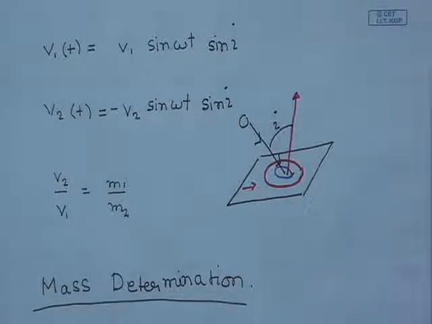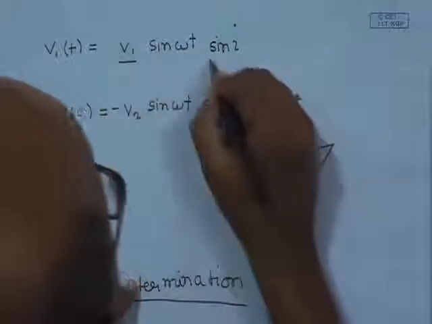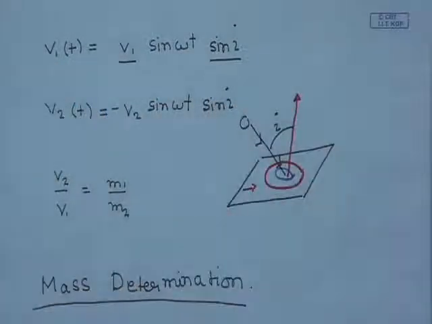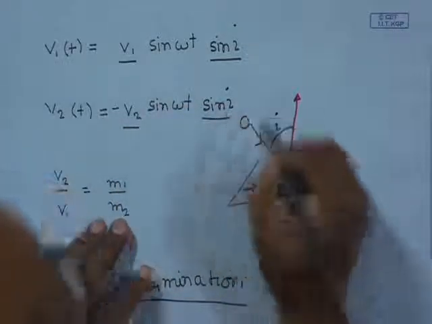Now, the first point that we have to realize is that from the observation of the velocity curve, the observer gets the Doppler shift of the spectral lines, and from there the observer determines the line of sight component of the velocity, and from the peak value of this velocity curve, the observer can actually determine the combination V1 sine of the inclination angle for the first object and V2 sine of the inclination angle for the second object.